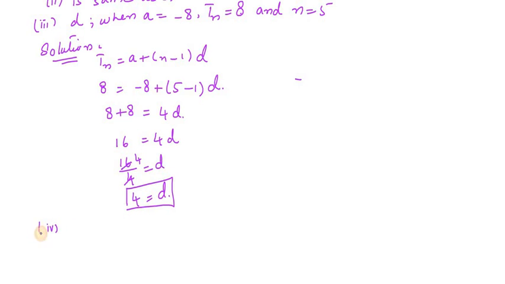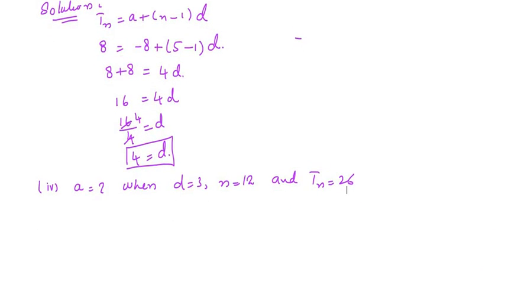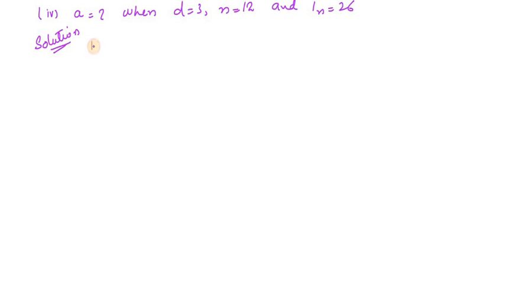Similarly, in part 4 of question number 4, we find a when d is equal to 3, n is equal to 12, and the nth term is equal to 26. We use the general nth term formula of arithmetic progression: Tn is equal to a plus n minus 1 of d.